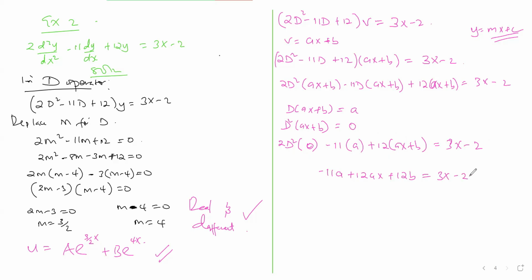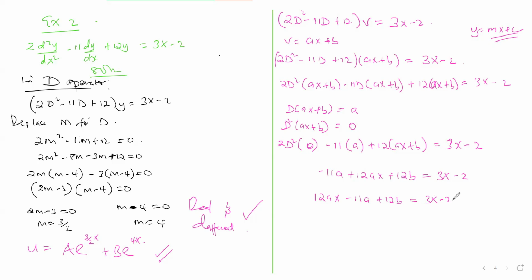All right. Now, let's start with the one that has an x so that it can be the same as the other side. So ax minus 11a plus 12b equals 3x minus 2. Now, we need to get the value.